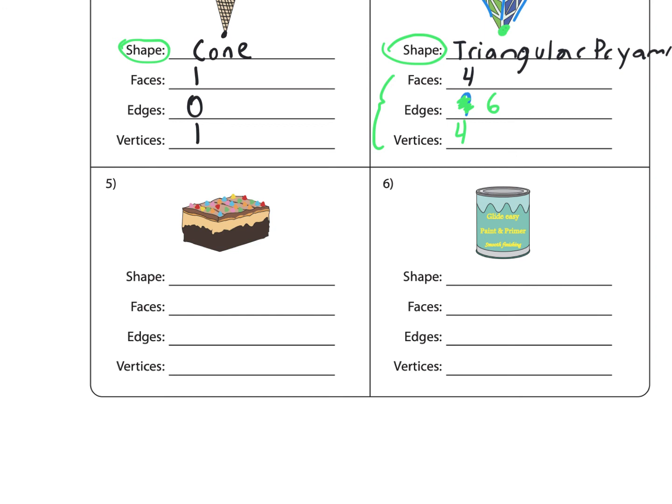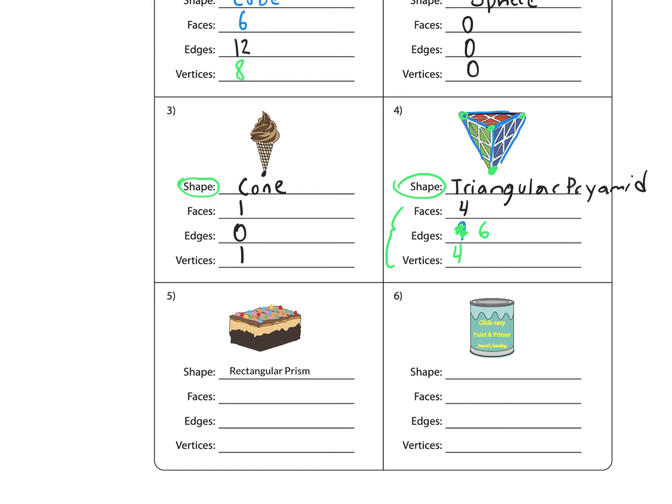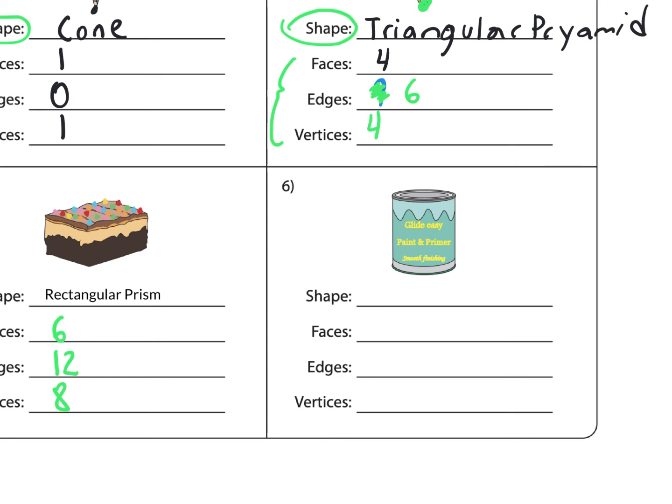This next one is a rectangular prism. So our rectangular prism is just like the cube. So it has 6 faces, 12 edges, and 8 vertices. What's this next shape called? Looks also like a coffee cup.